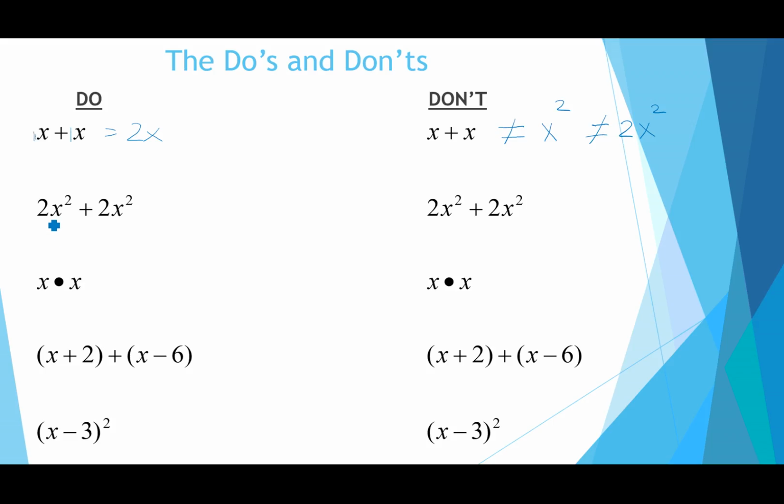Let's look at the next one. Here, again, this is an adding problem, so I'm only going to use the exponents and variable to identify the like terms. I've got 2x squareds plus 2x squareds. Your answer would be 4x squareds. Again, do not try to mess with the exponents.